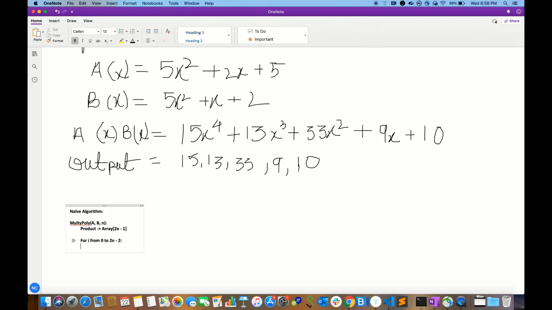So product of I should be, or we should initialize it with 0.